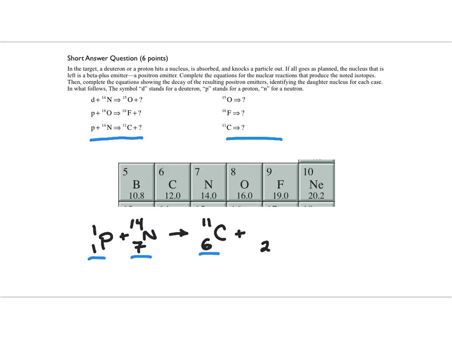But then let's look at the number of nucleons. 1 nucleon plus 14, 15 on that side, 11 on this side. So clearly what's left over is 4. And so I get 4 plus 2, a helium nucleus. That's an alpha particle. Not a huge surprise because we know that's a very stable chunk of nuclear matter. And so what I would put for the question mark here is helium-4.